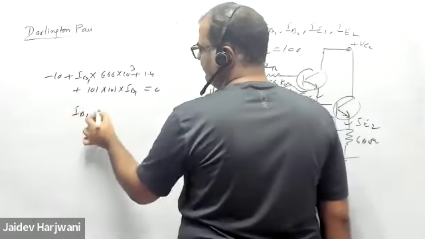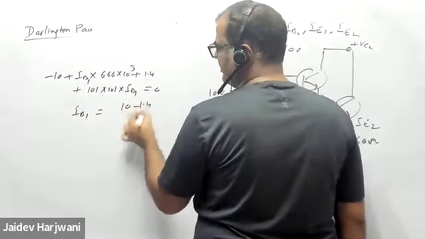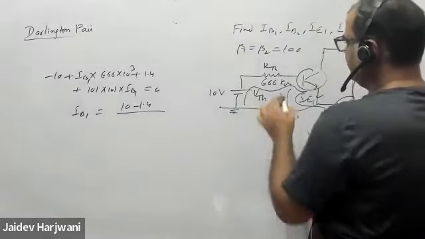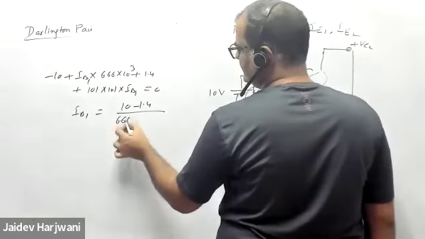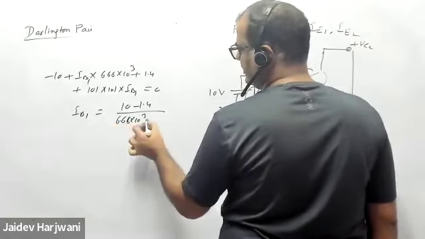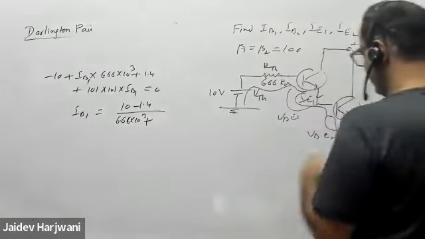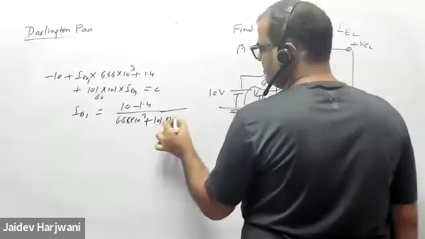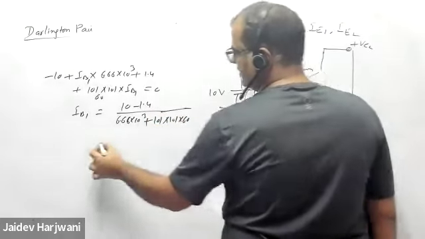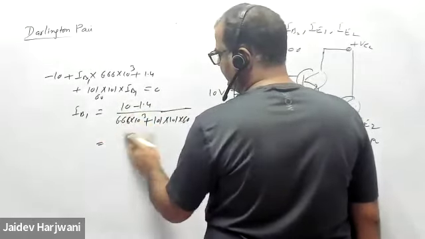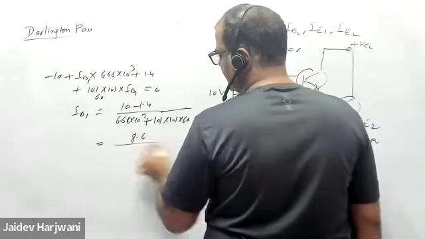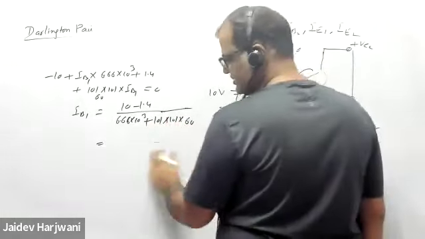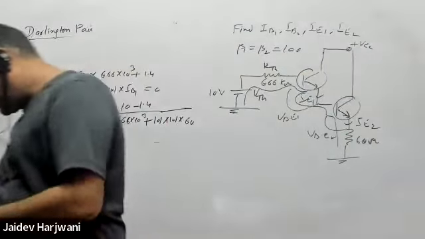So IB1 will be how much? 10 minus 1.4, divided by 6.66 kilo ohm plus, here it is 60 ohm also, 60 ohm plus 101 into 101 into 60. Solve this one and tell me what is the value of IB when it comes. It should come around 14.